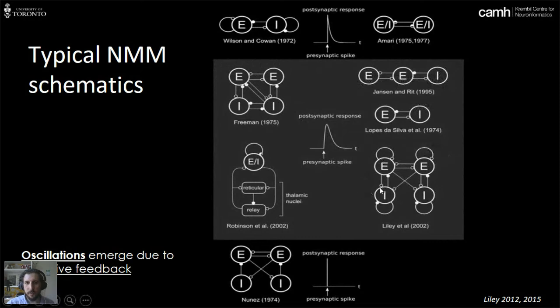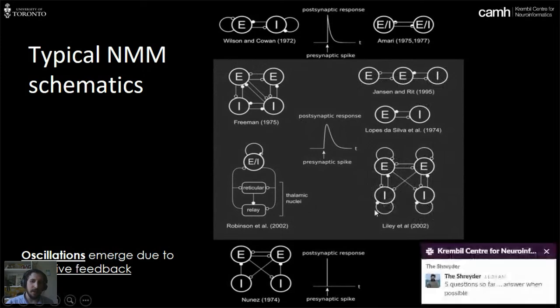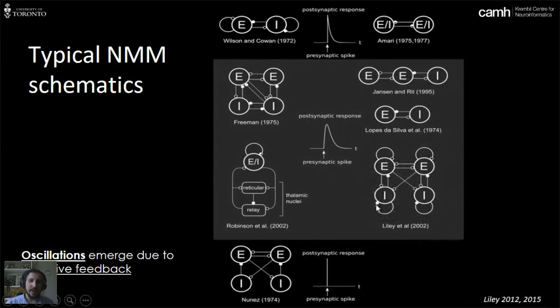Other folks have extended this in numerically and theoretically non-trivial ways, but you can see what they're doing. They say, okay, we're going to have an extra excitatory and an extra inhibitory population, and we're going to add connections where sometimes they're missing, and those can have quite profound effects on the behavior of the system.